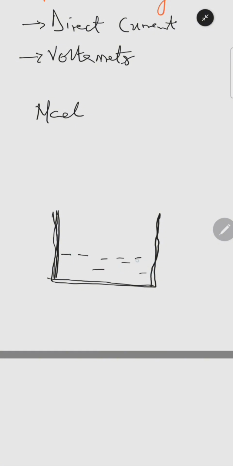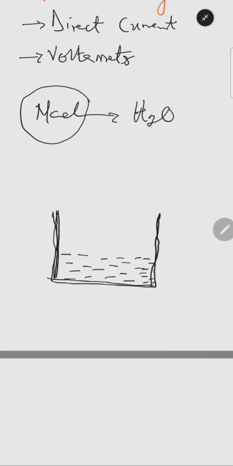But not to forget, electrolysis occurs when your electrolyte is in its molten or dissolved state. That means this sodium chloride must be dissolved in water.